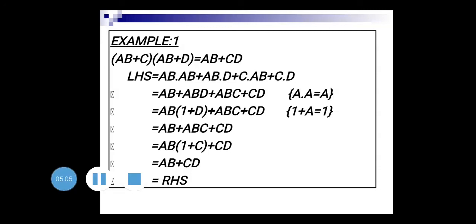So AB is taken out, and in the bracket you have 1 plus D. And then the next literals, that is ABC plus CD, is written as it is.